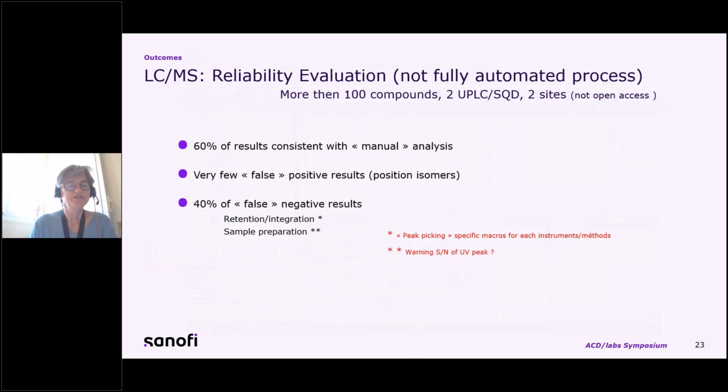So we have evaluated the reliability of the results for LCMS on more than 100 compounds with two different UPLC SQD systems in two different sites. This data was not done in open access mode.